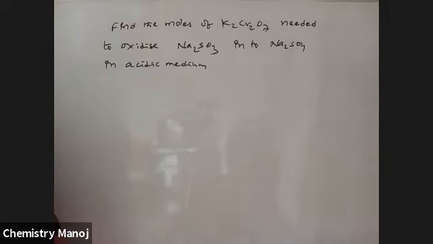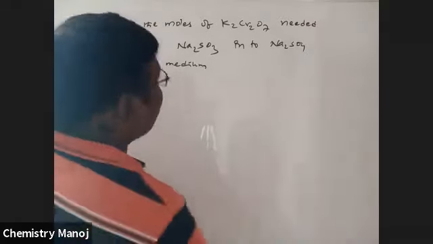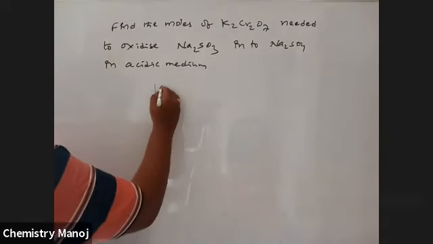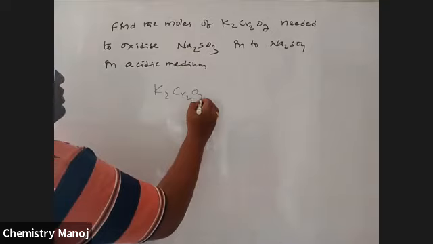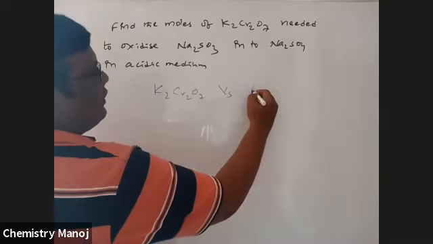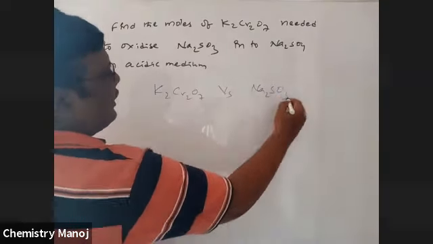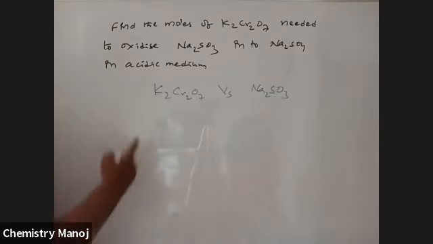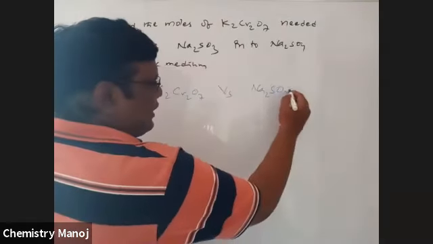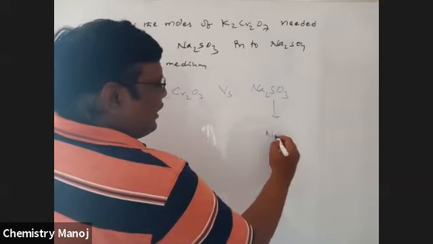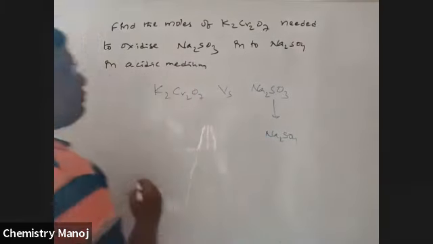Here the reaction is in between K2Cr2O7 versus Na2SO3. When these two react with each other, this Na2SO3 converts into Na2SO4.